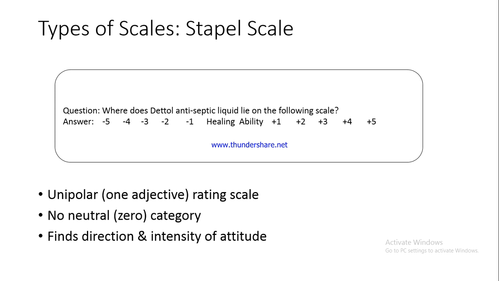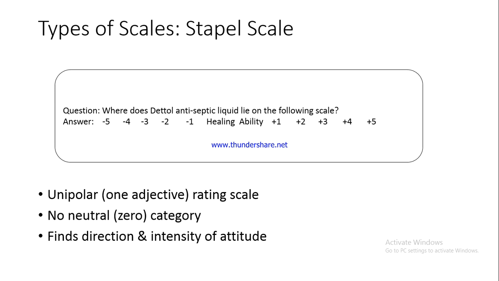And the most important advantage of Stapel scale is that it tells you about the direction and intensity of attitude. Now what do we mean by the direction of attitude? All these numbers which appear to the left of healing ability, they're all negative numbers, -1, -2, -3, -4, -5. Perhaps they are actually denoting a negative or an unfavorable attitude towards a particular brand or a product or some idea.